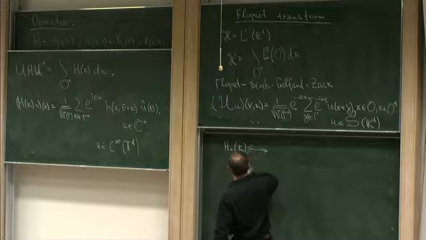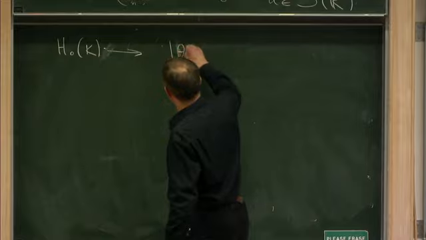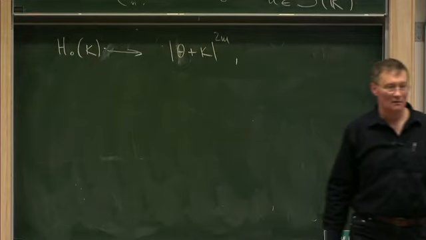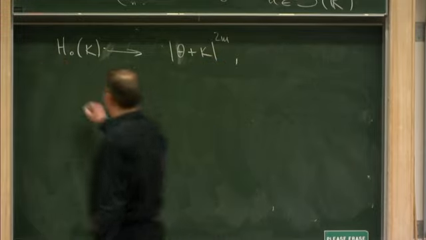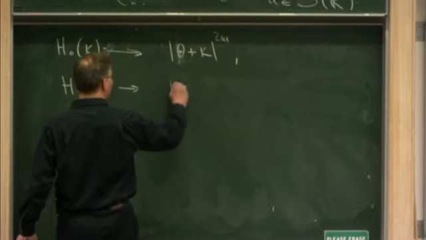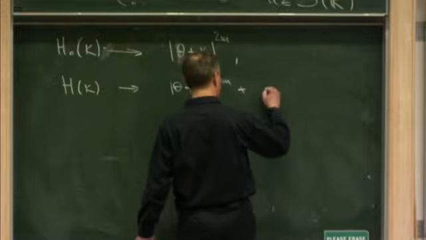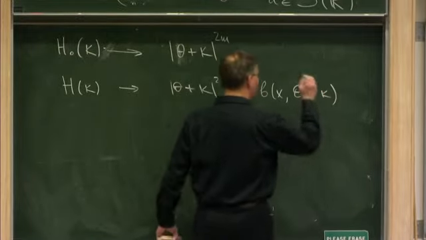Let me write it like that. The symbol will be theta plus k to n. Right? This is what it is. And for h of k, it will be theta plus k to m plus bx theta plus k.